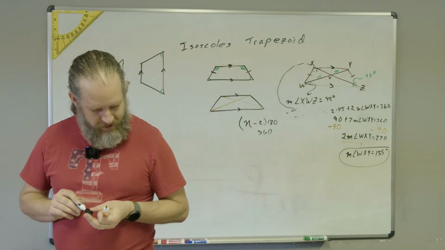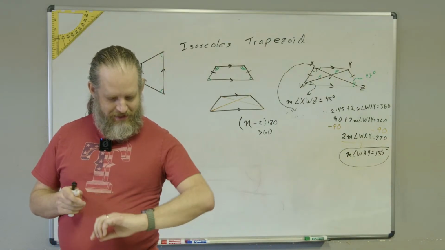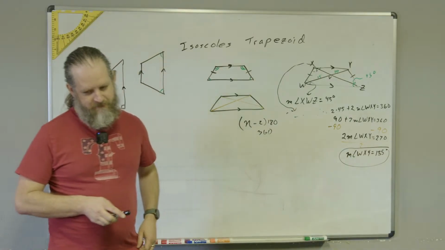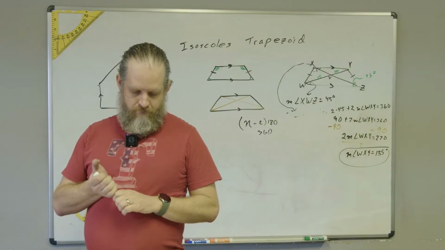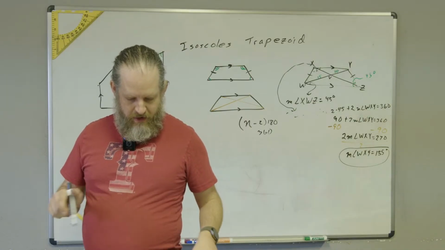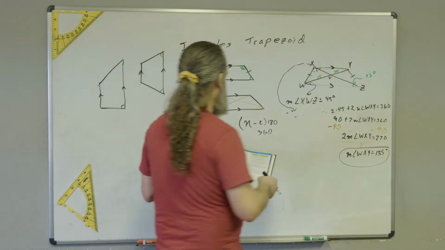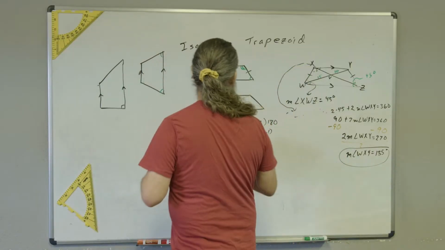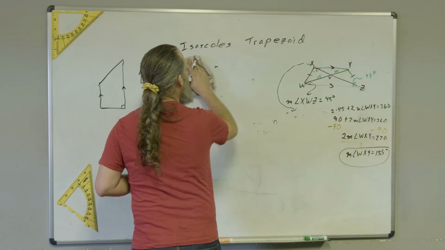So, let's see what else we can discover in this example. Measure of XZ. Let's see, I don't need all of this anymore. You can go away.